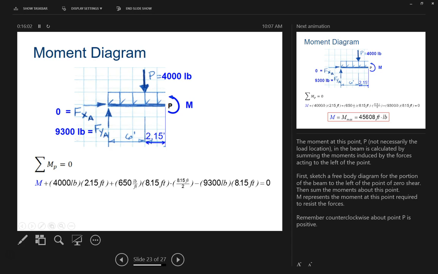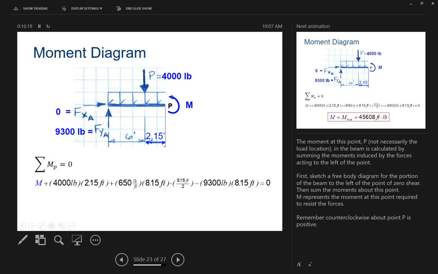That's this side being positive, so that's like the twisting force going the other way. So we have one twisting force going this way. That's the 9,300 times 8.15 feet. That's this twisting force going that way. All of that stuff equals 0. Okay?